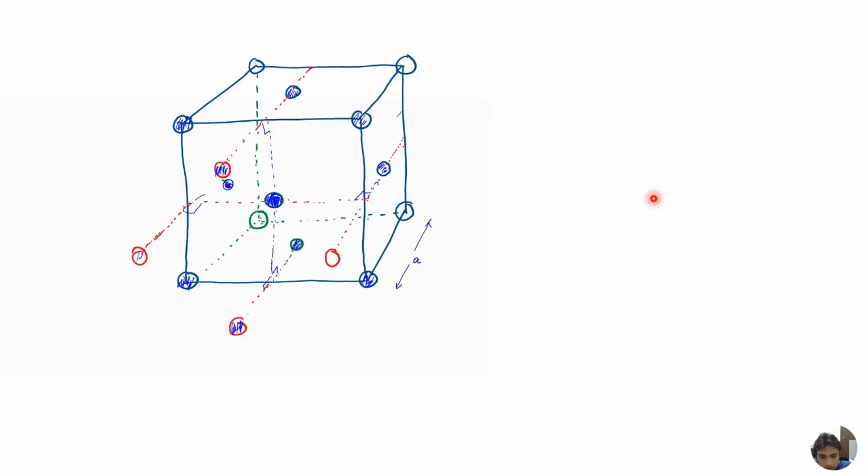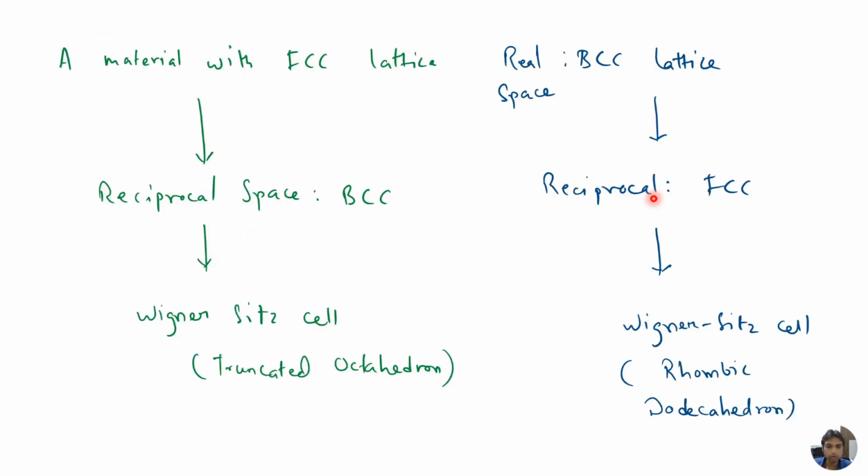So what we have till now is a material. Let us say that we have an FCC lattice material. If the material has an FCC lattice, its reciprocal space will have a BCC lattice. This we got from the last class. And the Wigner-Seitz cell corresponding to the BCC lattice is the truncated octahedron.